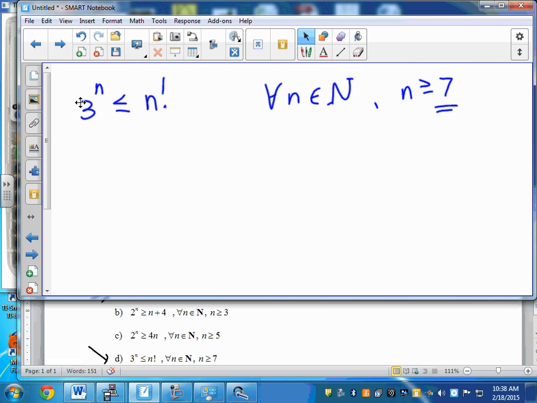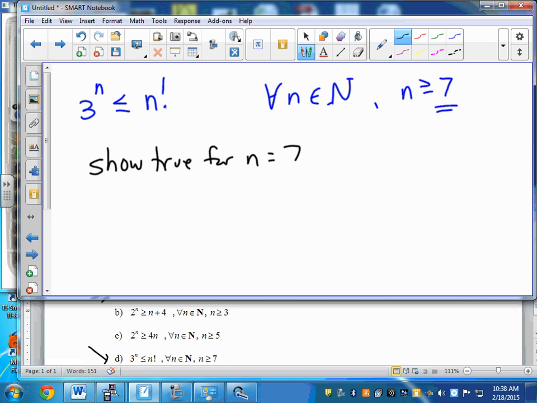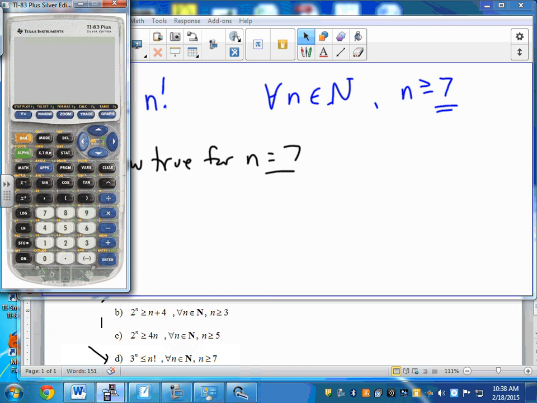Okay, so what we have to do is show true. This is the base case again, the first domino to fall. Show true for n is equal to 7. And for some fairly large numbers here, I have my handy dandy calculator we can look at. Let's look at 3 to the 7th.